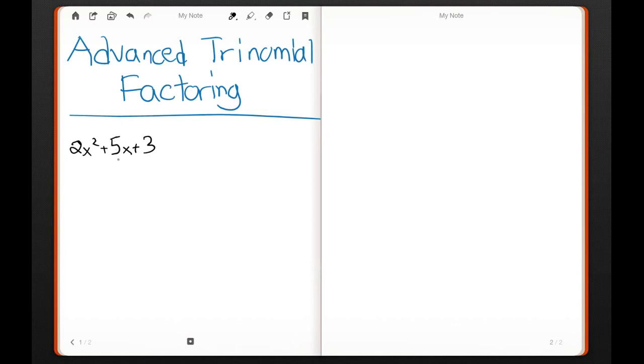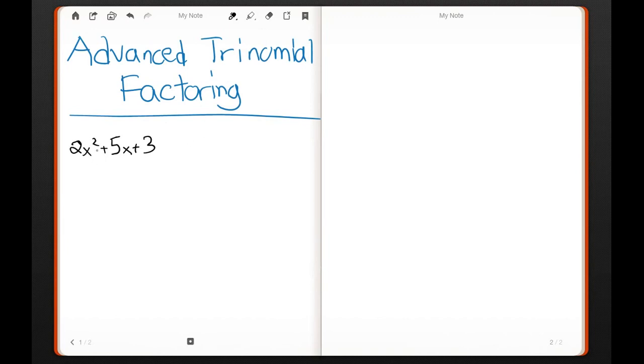There are several different methods for factoring these types of expressions. The one I'm going to show you is a bit more unconventional, and it might be a little harder at first, but after a bit of practice, I think it's going to be a lot faster than a lot of other methods that take many more steps.